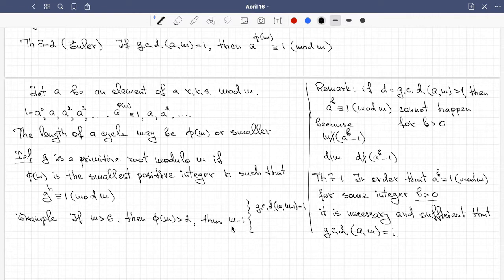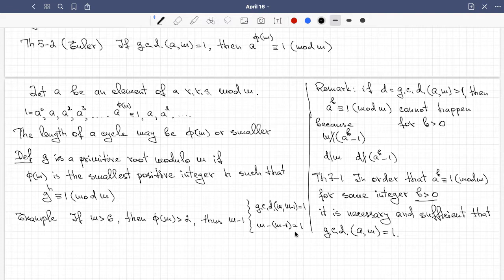So m minus 1 is an element of reduced residue system modulo m. Why is this greatest common divisor 1? The simplest way to see that is to find the linear combination of these two which is 1: m minus (m minus 1) is equal to 1.